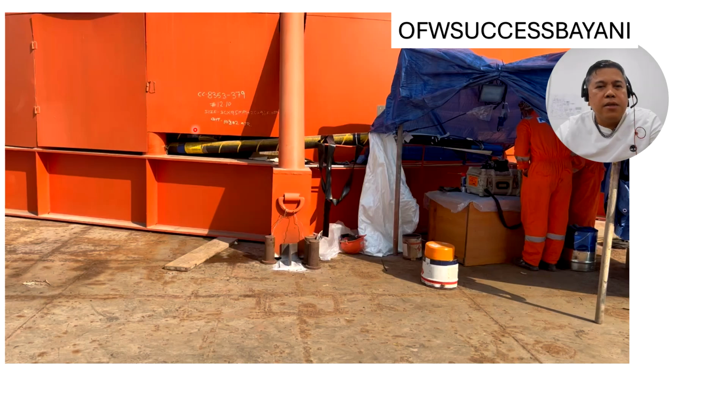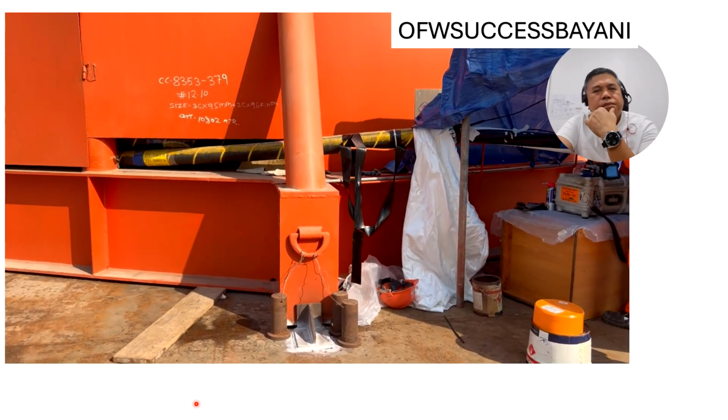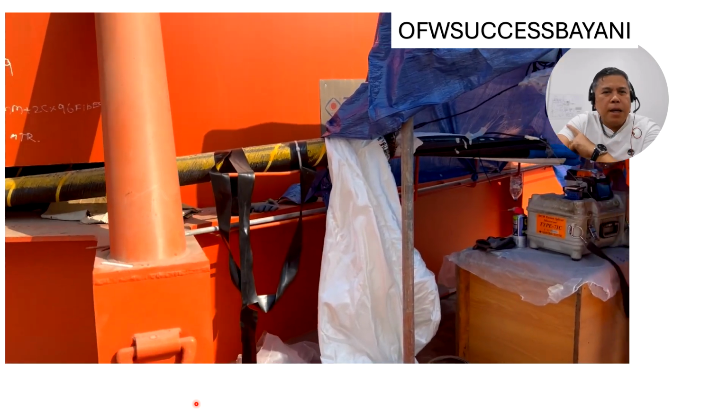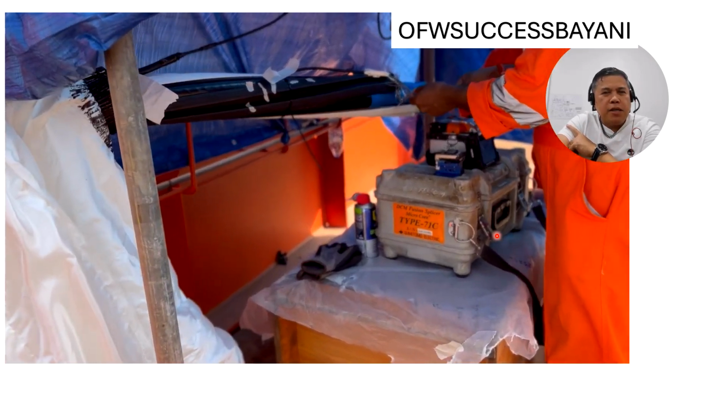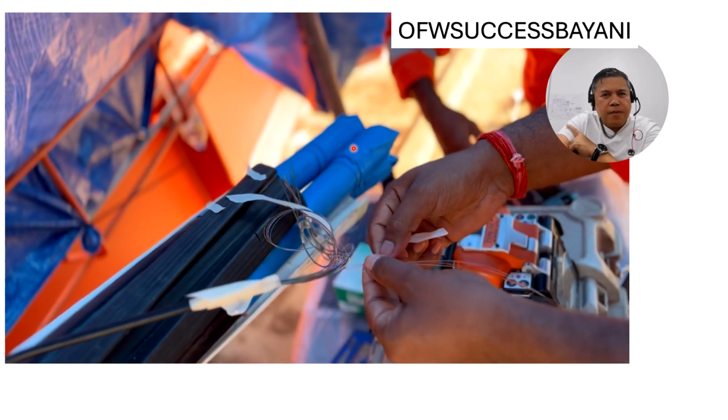So now you can see the person here. As you can see the person and how big that is. Okay. That's very huge. See, that's the time we start the testing.